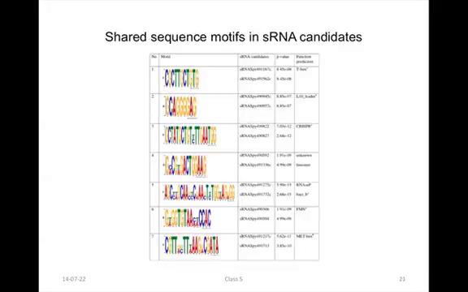Now, if you take a look at a couple of candidate sRNAs, you can figure out if they have a motif or not. And you're familiar with the motifs. This is something that you can do by aligning 2 or 3. Well, in this case, this one has 2, 2, 2. A minimum of 2 for the motif.